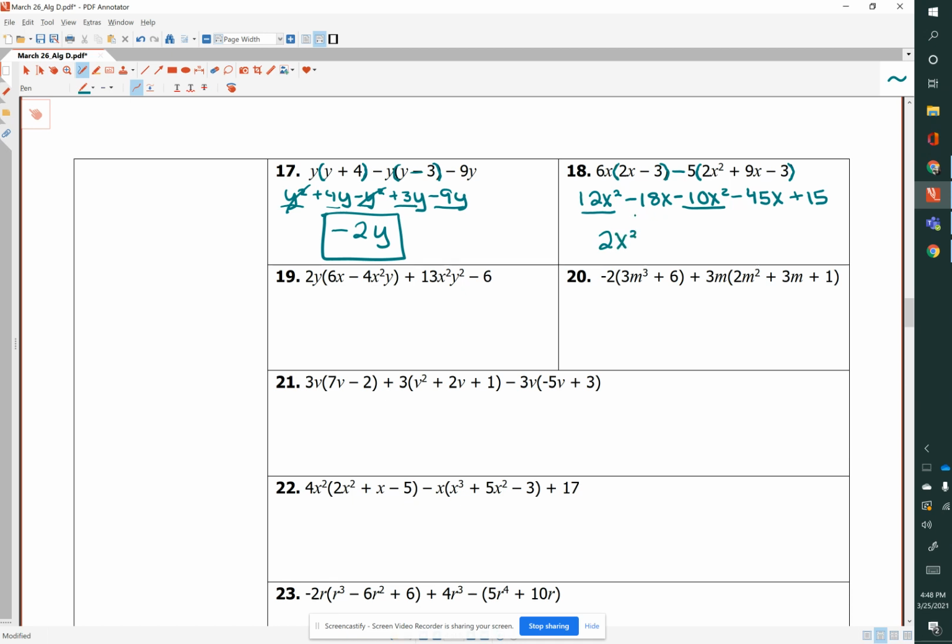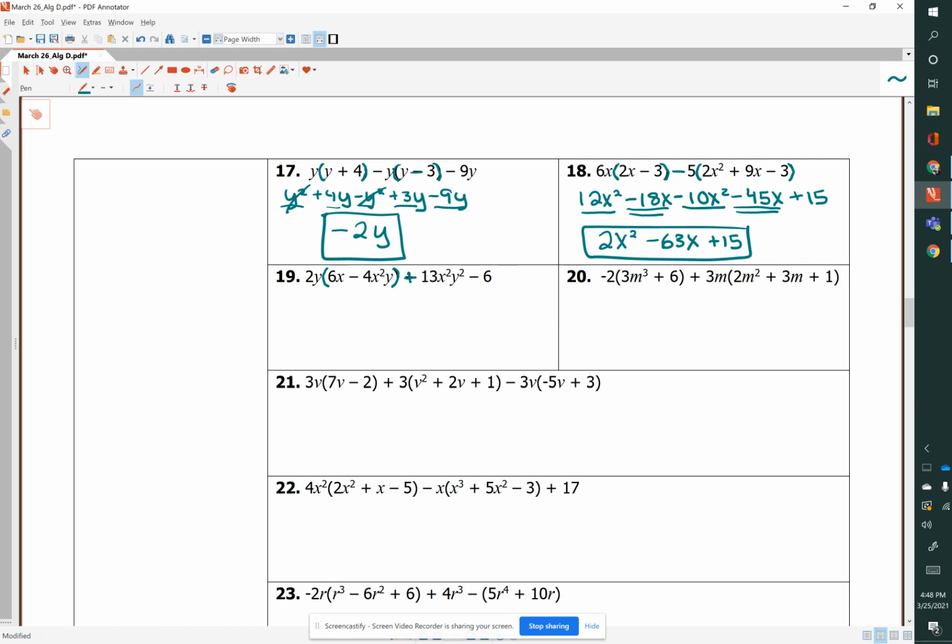And then on our x terms, we have negative 18 minus 45. So that's negative 63x. And then we have our positive 15, our constant at the end there, and that's our final answer.